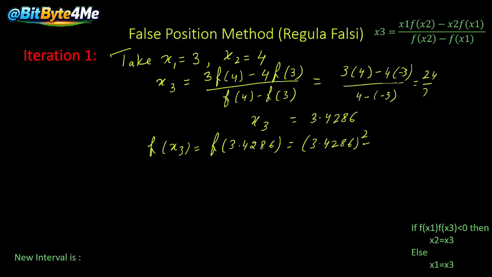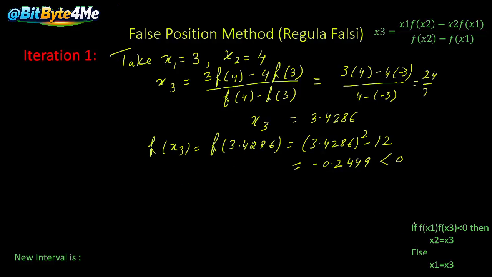That is 3.4286 square minus 12, and if you calculate it, it will be minus 0.2449, which is less than 0, means negative.